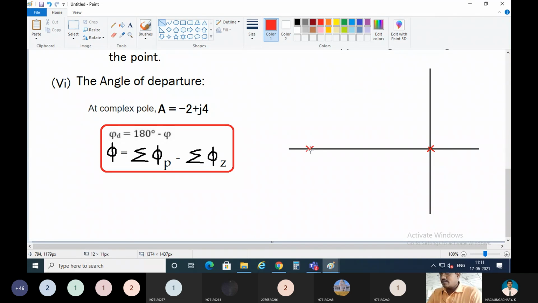And the third pole is -1, for example. This is -2 plus J4. If I draw a line, exactly, this is -2 minus J4.